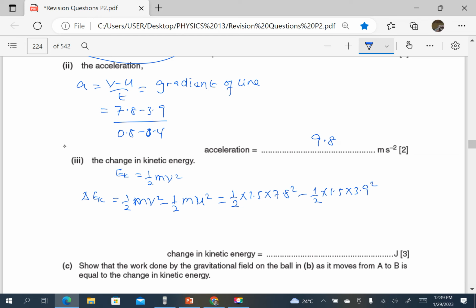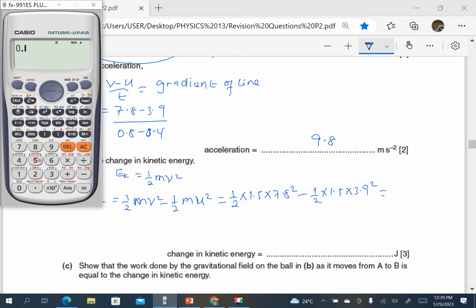That is the change in kinetic energy, which is the same as 0.5 times 1.5 times (7.8 squared minus 3.9 squared). So that is 34.22, approximately 34.